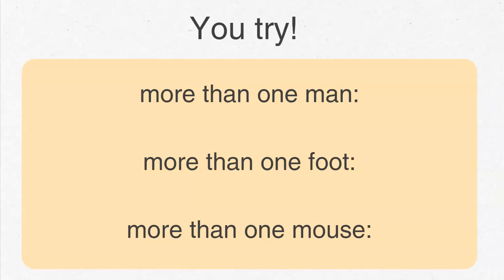Let's go ahead and give it a try. Let's look at some words that might be more familiar. More than one man is what? More than one foot is what? More than one mouse is what? Go ahead and pause the video. More than one man is men.